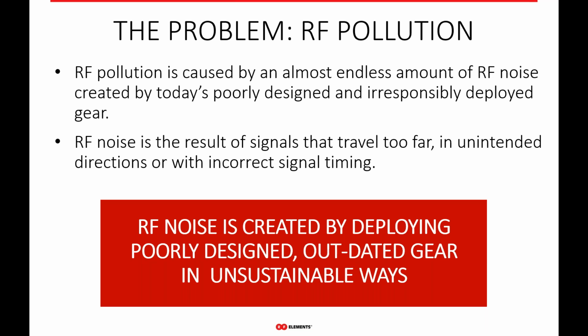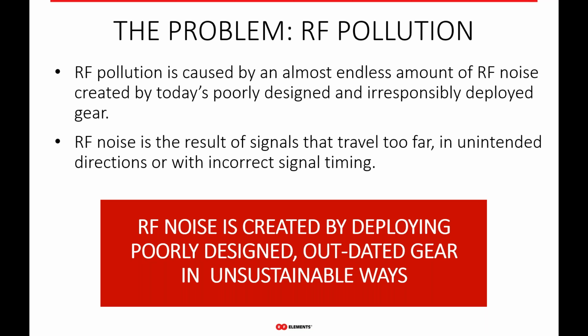The problem for most WISPs is really RF pollution. At RF Elements, we provide innovative solutions for a modern-day WISP. Still today, the biggest problem of unlicensed WISP networks is interference caused by using gear that was poorly designed and deployed without any regard for sustainability, which is connected to the RF noise produced by these devices. If a few of these products produce noise, it may not be a big deal.